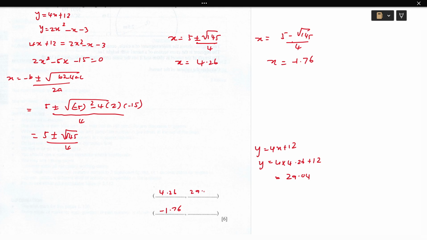So the first answer is 29.04. Second, y equals 4 into negative 1.76 plus 12, which is 4.96.